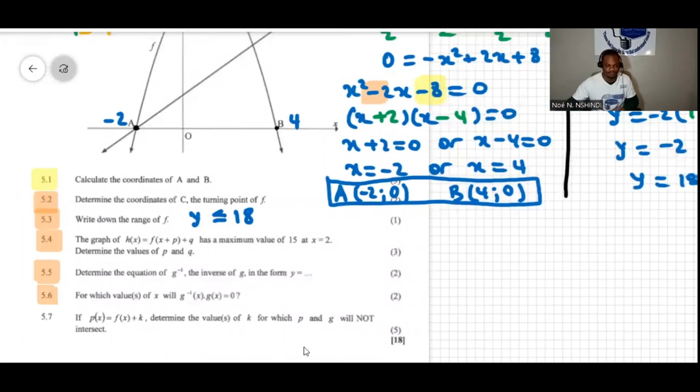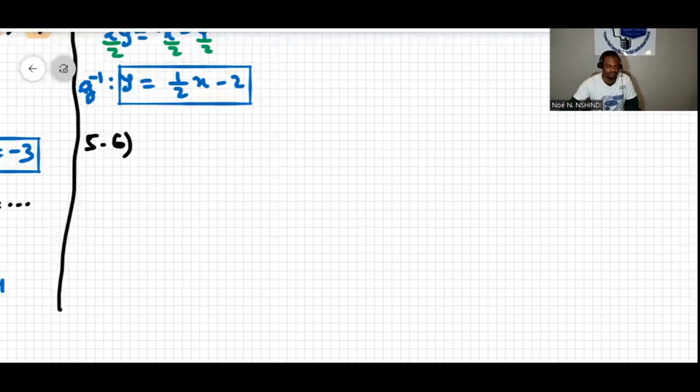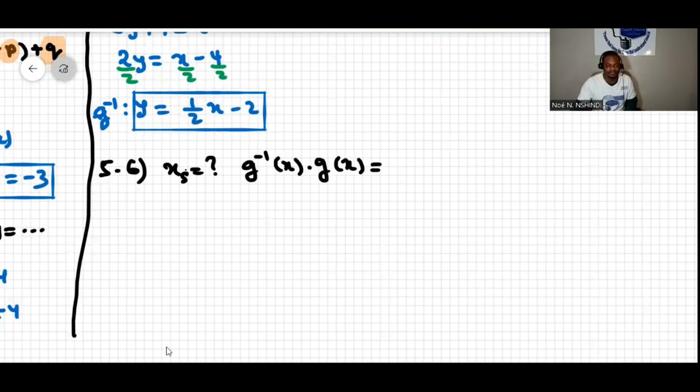It says, for which value or values of x will g minus 1 of x times g of x equal to 0? So we're looking for the value or values of x for which g minus 1 of x times g of x equals 0.